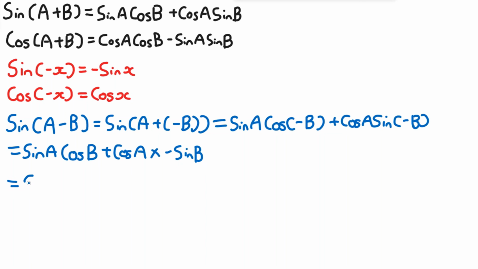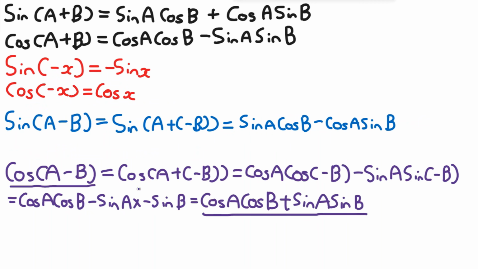And we can rewrite this as sin a cos b, and then we can move this minus to the front here, so it becomes minus cos a sin b, like this here. So sin of a minus b is sin a cos b minus cos a sin b, like this, and we've done this by rewriting it like this and using these here.